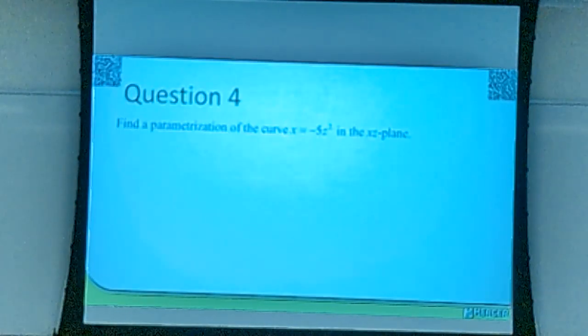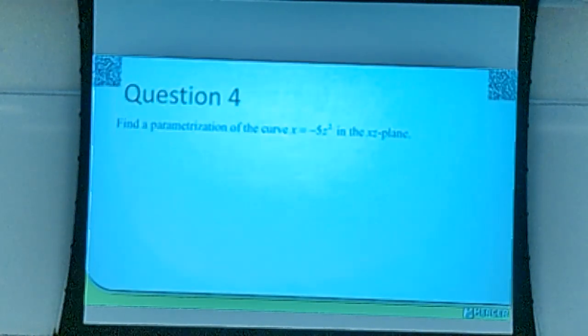x equals negative 5z squared. And it says it's in strictly the xz plane. Well, if it's in the xz plane, y has to be 0, right? Well, that's kind of already in a parameterized form, isn't it?